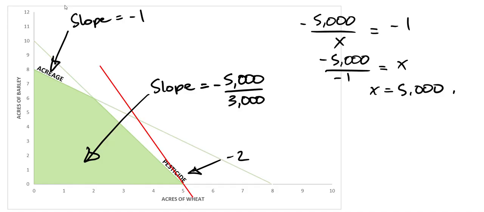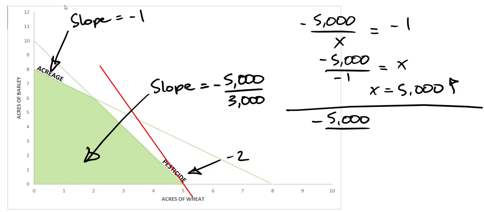And now notice, because here our value for barley went up, as I compare my objective function slope to the other constraint, the price should go down. And if that doesn't happen, I know I've done something wrong. So I will start with that same -5,000 over 3,000, or in this case, x. What we're going to alter should be equal to -2.